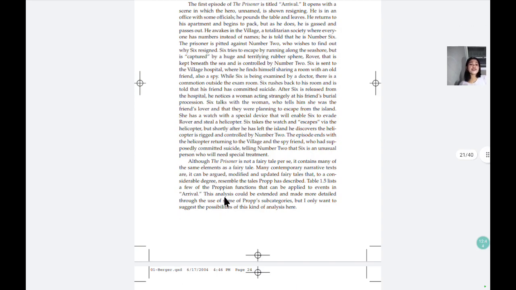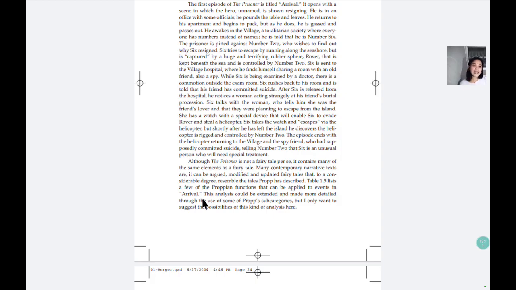Although The Prisoner is not a fairy tale per se, it contains many of the same elements as a fairy tale, as do many contemporary narrative texts, it can be argued, modified and updated. Table 1.5 lists a few of the Propp functions that can be applied to events in the Arrival.